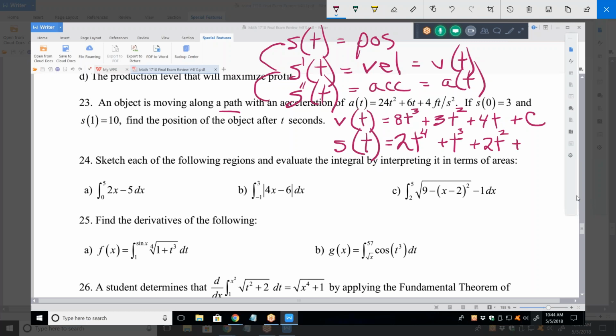So wouldn't you just plug in 0? There you go. Now I can. Notice I couldn't before. I had to get to the position function before I can use any of these s of zeros and s of 1. So I took my velocity function with c being unknown, and I found the antiderivative of it, which I believe I've got here correctly.